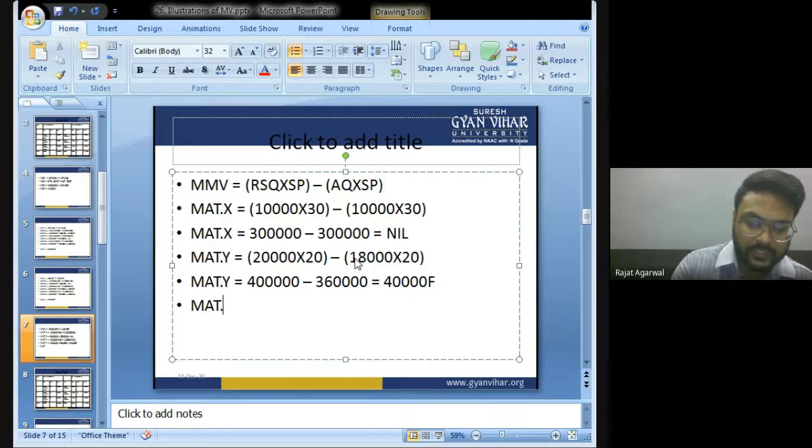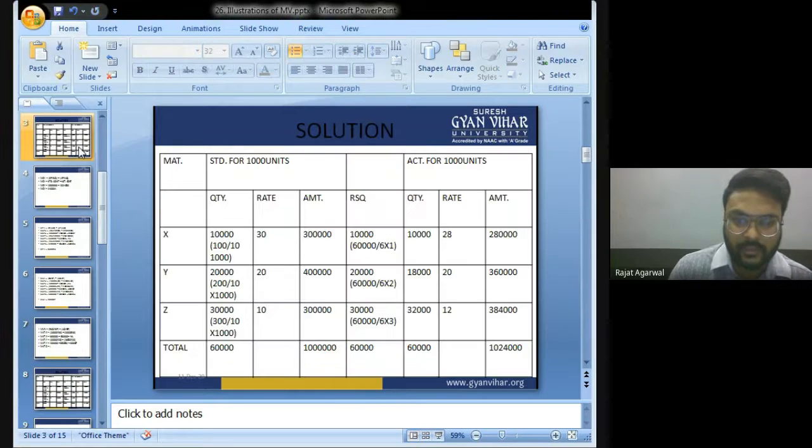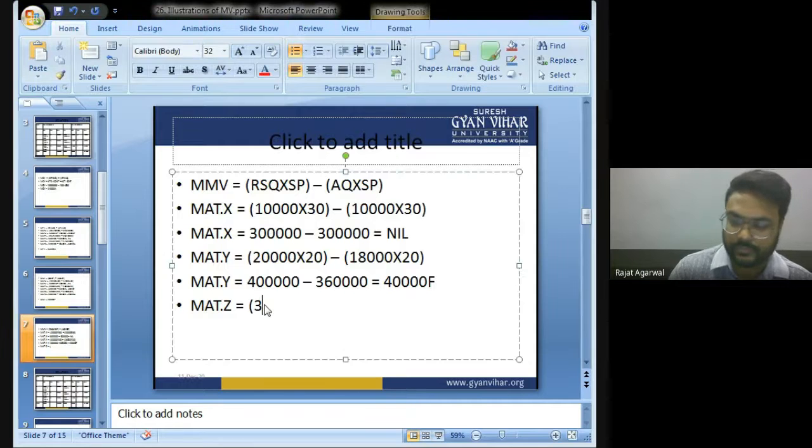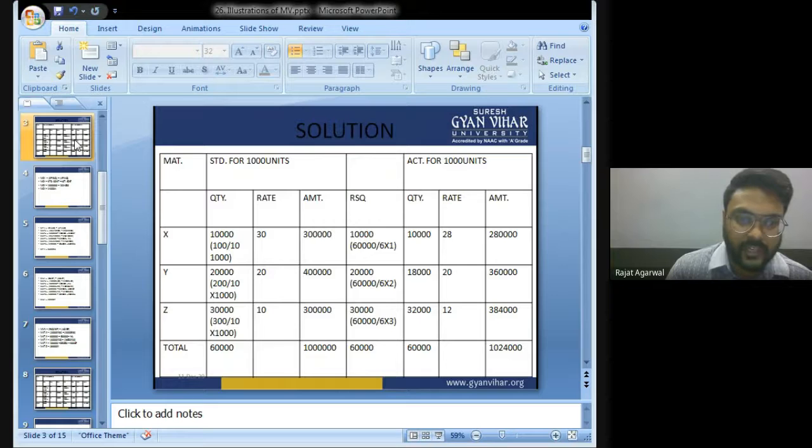Now material Z. Revised standard quantity of Z is 30,000, standard price of Z is 10.